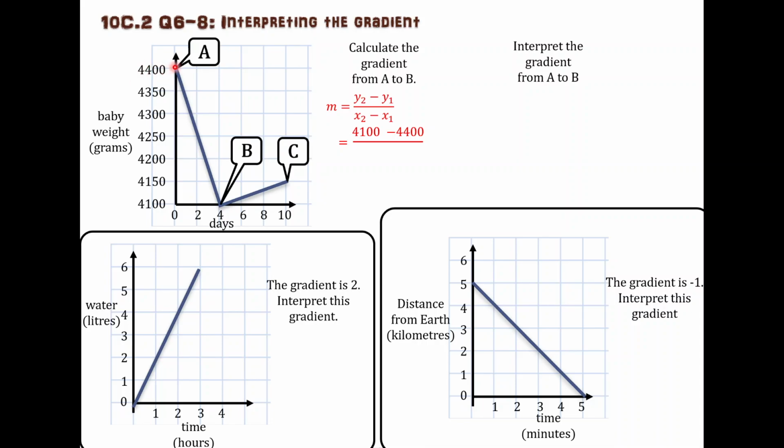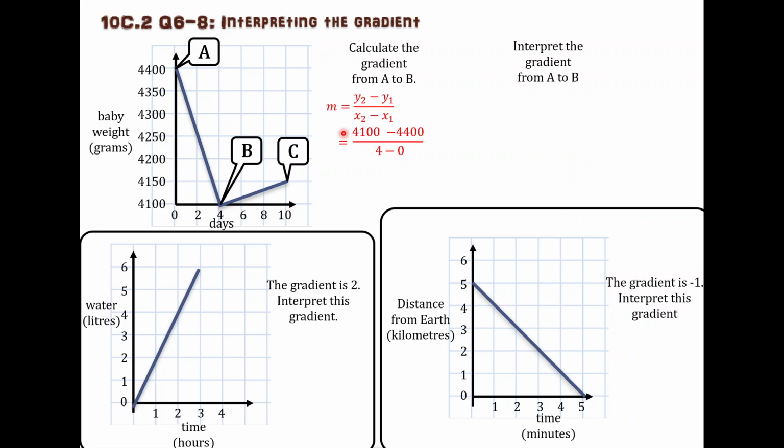So you can see the y value has gone down. It was 4,400, went down to 4,100. What about on the horizontal axis? The x-coordinate of the second point is 4, and the x-coordinate of the first point, we'll go down to look at the x-coordinate here, is 0. So we've filled in the x and y for both points. Now we can simplify this fraction.